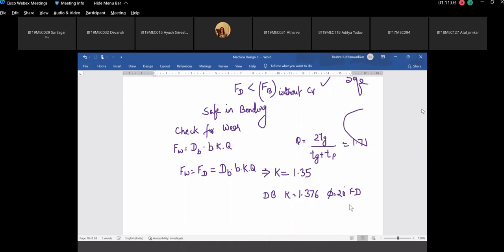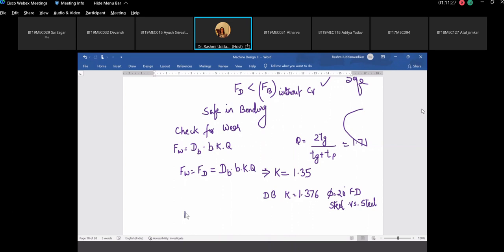Oh, it was not cast iron, it was cast steel. Our value was for cast steel, not for cast iron. So it is a steel-steel combination. Cast steel versus steel.